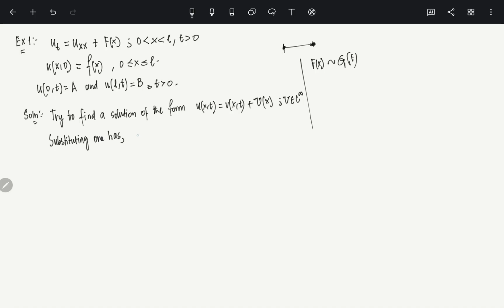Then we have that u_t is equal to v_t, because capital U is independent of t, so it becomes 0 when taking the derivative. And moreover, u_xx is nothing but v_xx, right? v is also smooth, so we are also assuming v is C infinity, plus the derivative of this thing, U double prime of x. Yes, is it okay? Right.